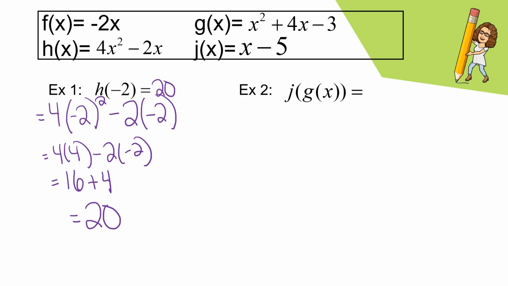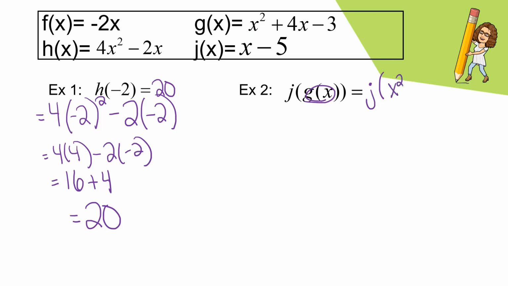You're doing the same thing on example 2, but it's a function, not an actual number. So first thing I'm going to do is substitute what g of x is. I'm going to write the outside function, j, and look up here. G of x's rule is x squared plus 4x minus 3.